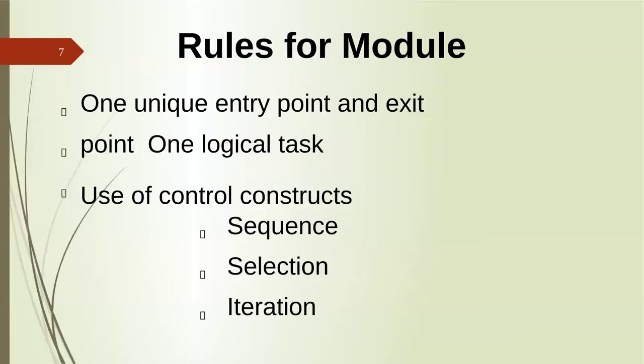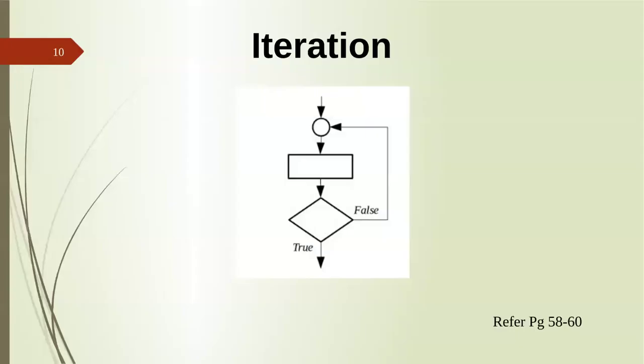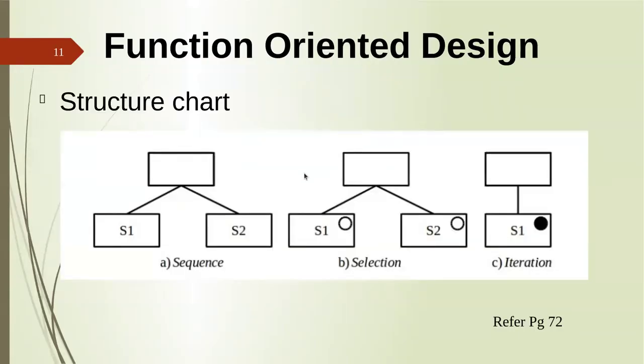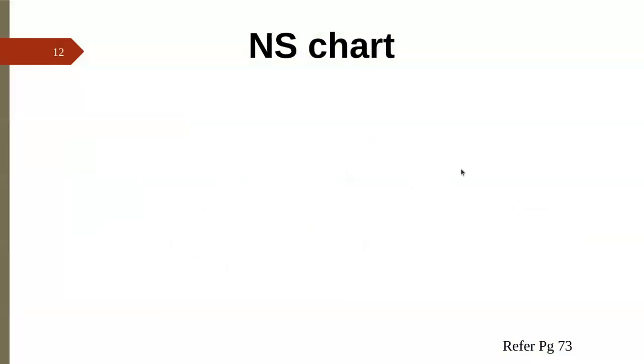Sequence, selection and iteration are represented differently here. A circle with a white background indicates selection. A black circle indicates iteration. Usually these are not used nowadays.